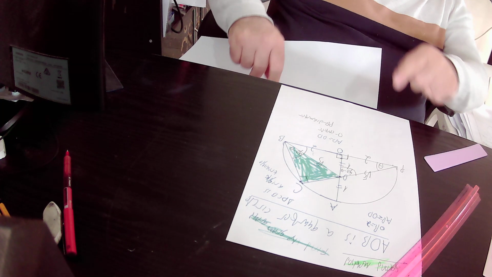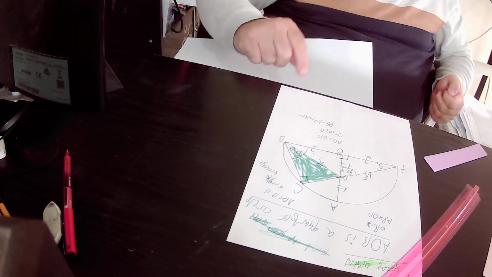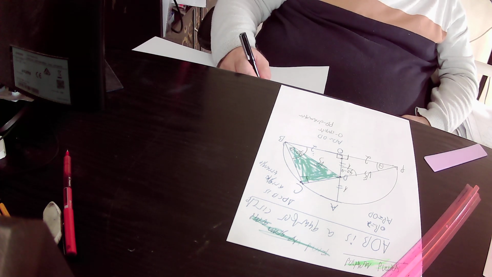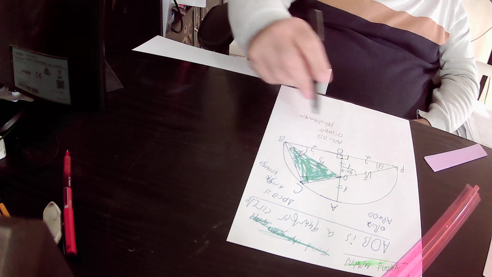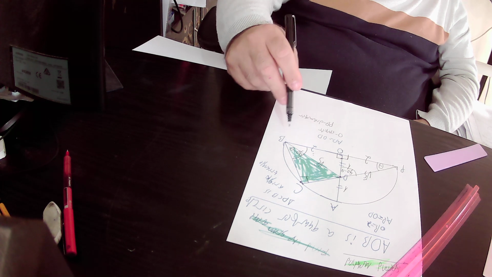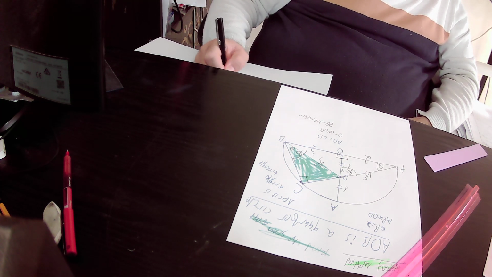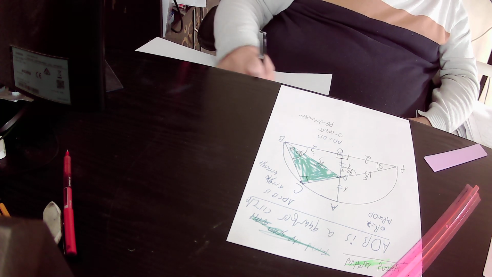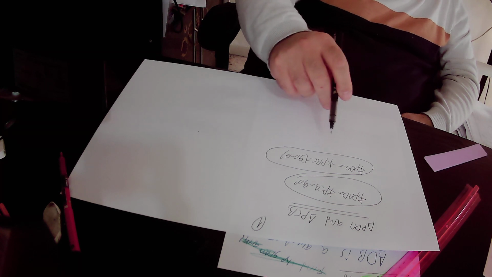In addition, we have those two angles that are both equal to 90 degrees minus theta, therefore they are equal to each other. So angle PDO equals angle PBC, and they are both equal to 90 degrees minus theta.